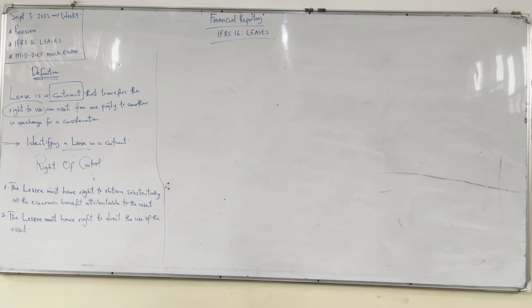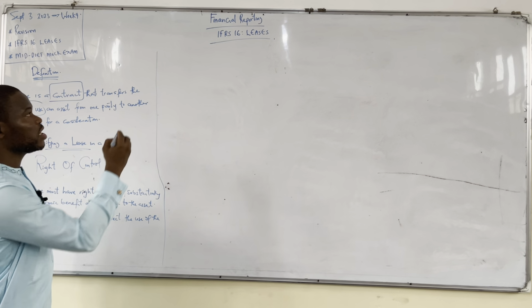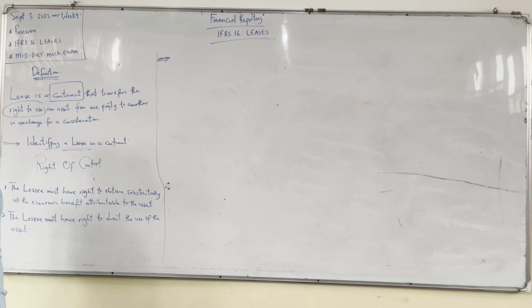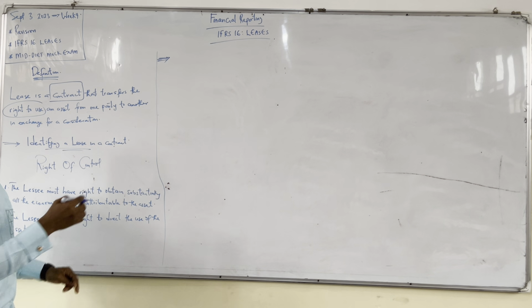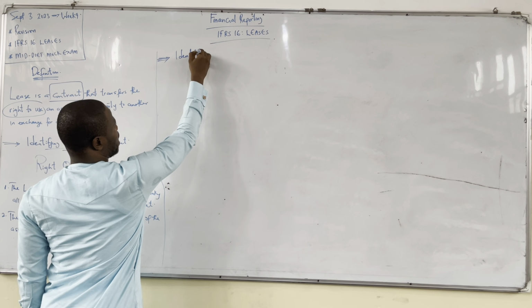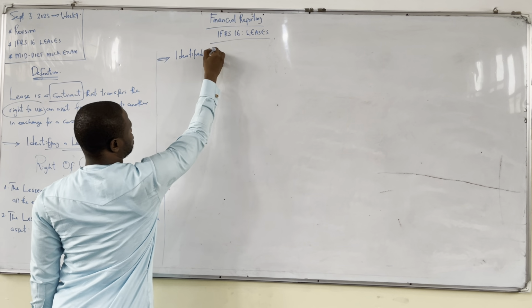Let's just continue. Now, having identified that there is a lease in a contract, before you can even agree that there is a lease, it's not just this alone. Another thing is that there must be an identified asset.